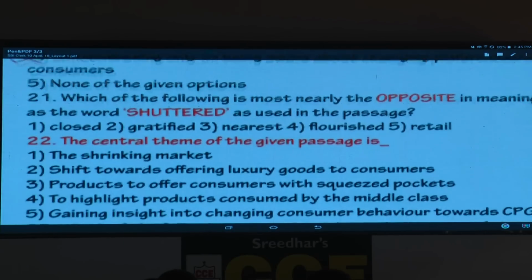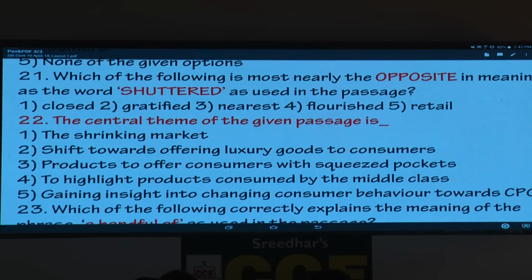So what is the meaning of shuttered? Shuttered, if you take any shop, you come across a shutter. While closing, they pull down the shutter. So what does it mean? Another meaning of shutter. Shutter down means what? To close. So he wants the opposite. Closed, similar meaning. Gratified, not related to this context.